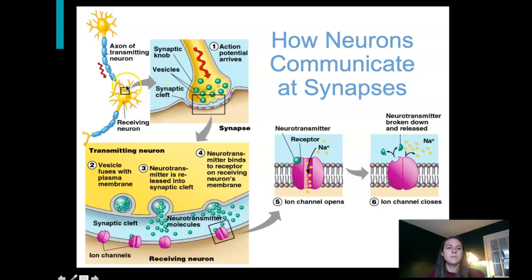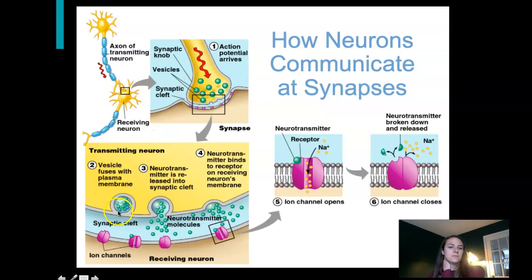If you were to zoom in right here, this is what it would look like, where this is the axon terminal of the first neuron, and this is the dendrite of the next neuron. You can see these little purple symbols represent the receptors. The action potential arrives at the axon terminal.